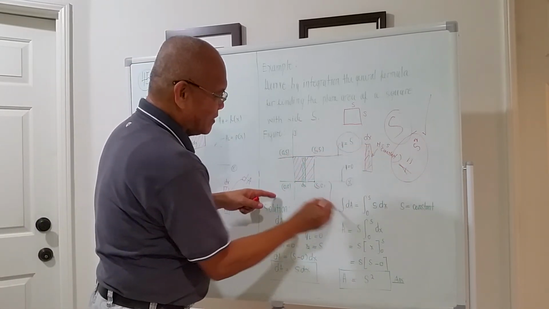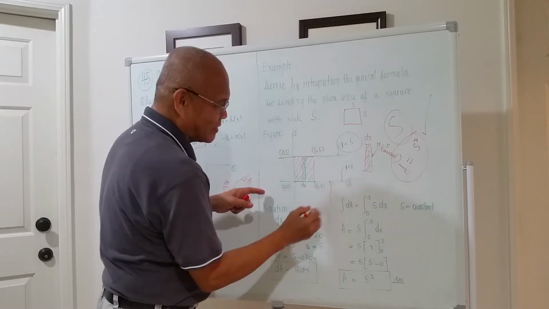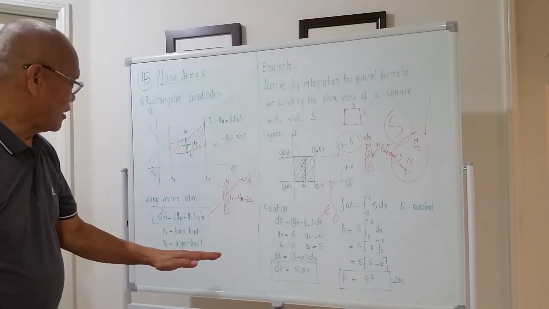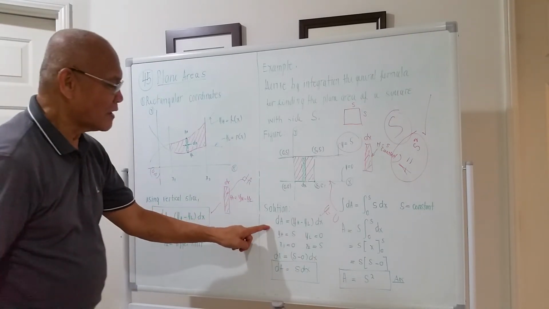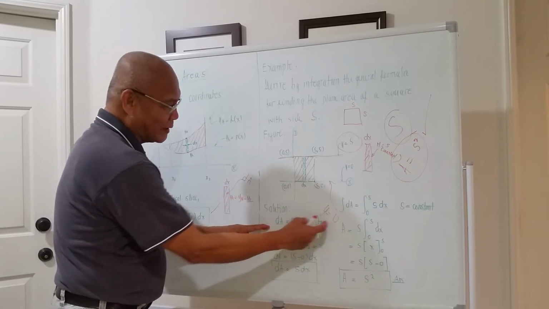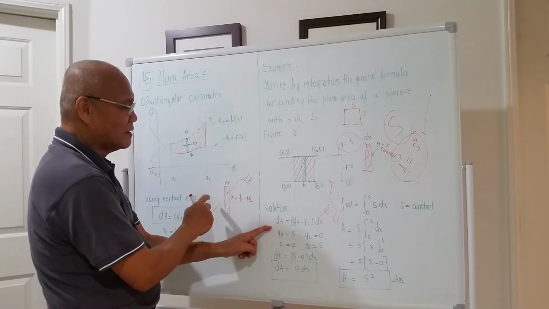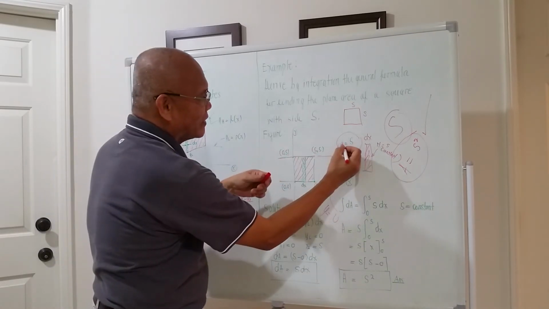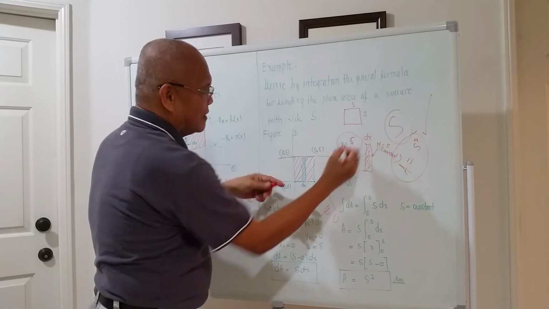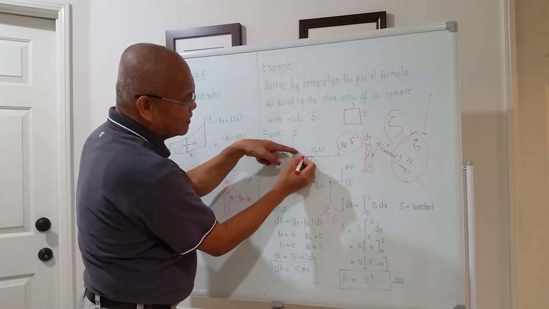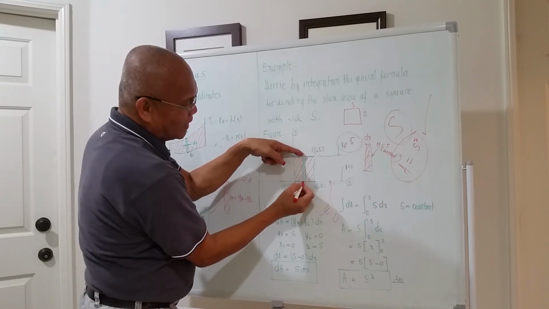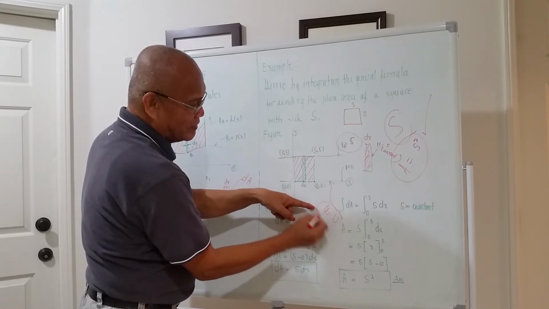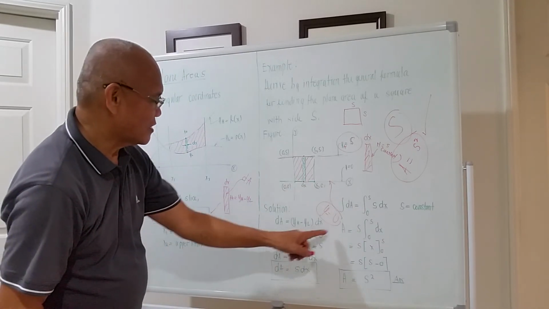The equation of the bottom line, the horizontal axis, is y equal to 0. So if we go back here, differential area is y higher minus y lower times dx. We are just following this. Y higher is S. Y lower is actually the ordinate at this point here, which is 0.